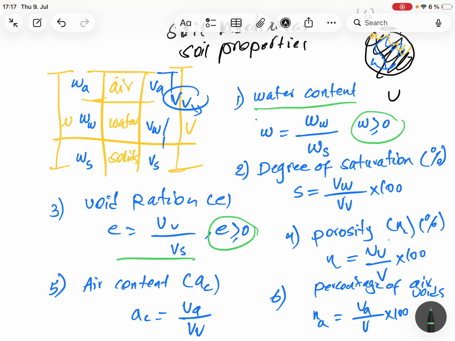So the soil sample could have 0 voids or 0 water. But if it has water or air, then we need to understand the air content, the water content, degree of saturation, porosity, and the percentage of air voids.